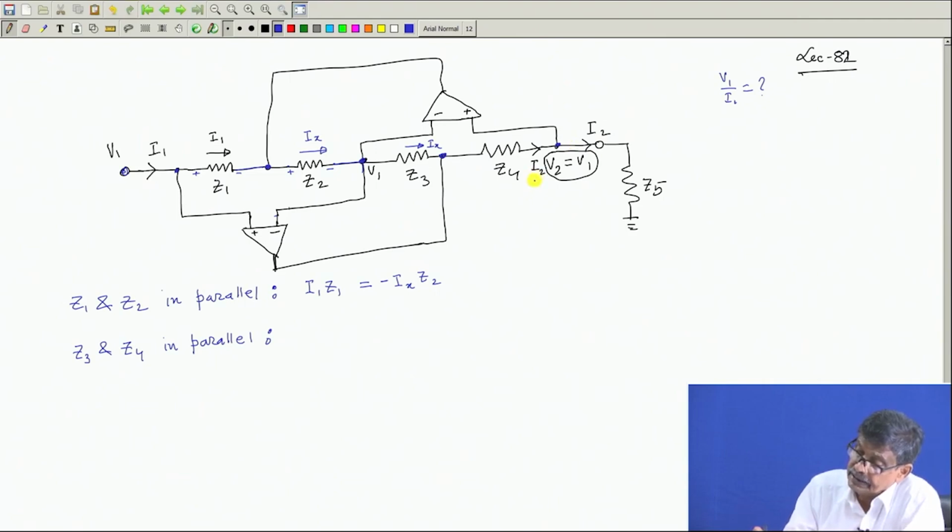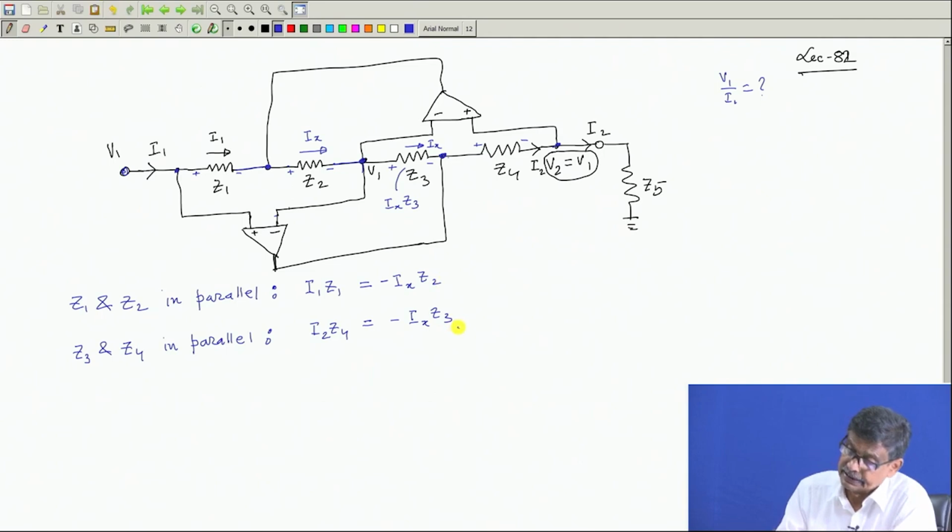The potential difference between these 2 points is I2 into Z4, this side plus, this side minus, and the potential difference here is Ix into Z3, once again with a negative sign.